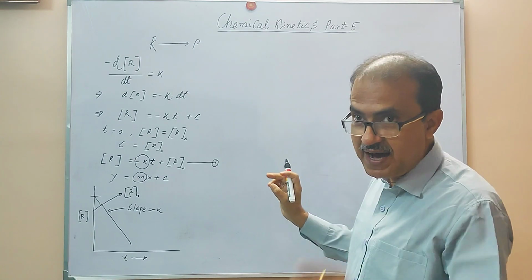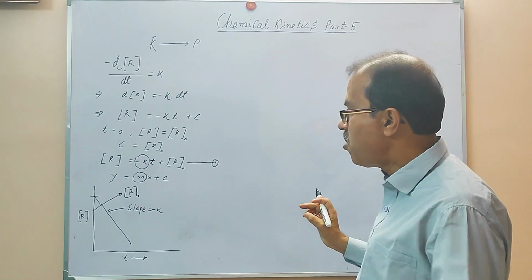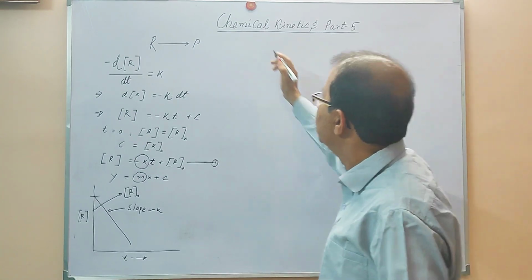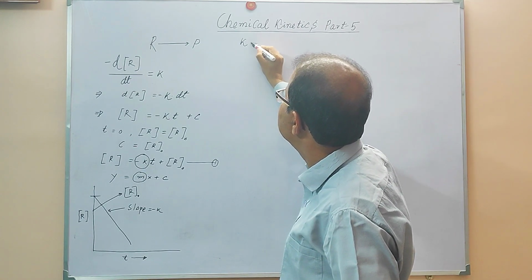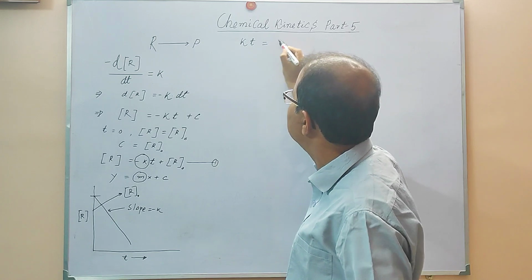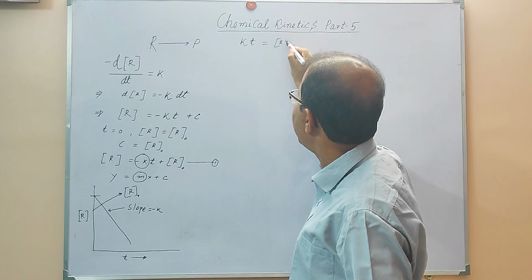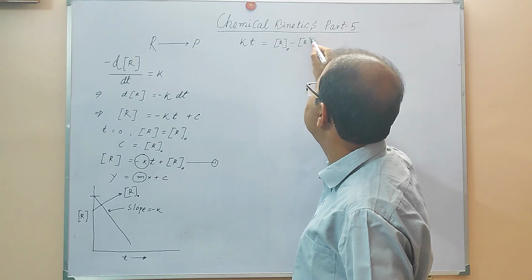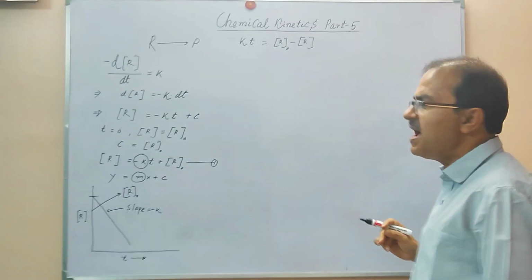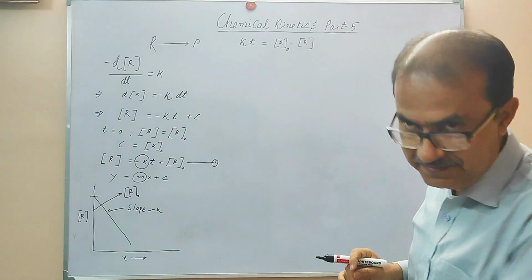Find out the rate constant for the zero order reaction. So we can say Kt is equal to R0 minus R. What is R0? R0 is the initial concentration, R is the concentration at the time t.